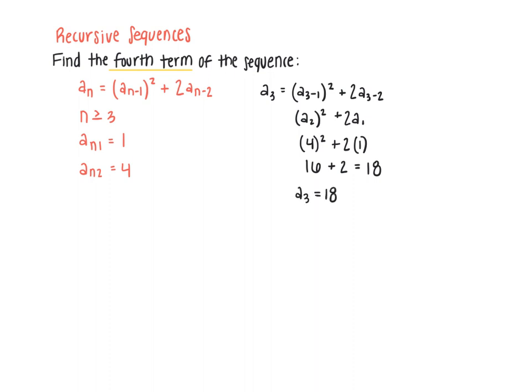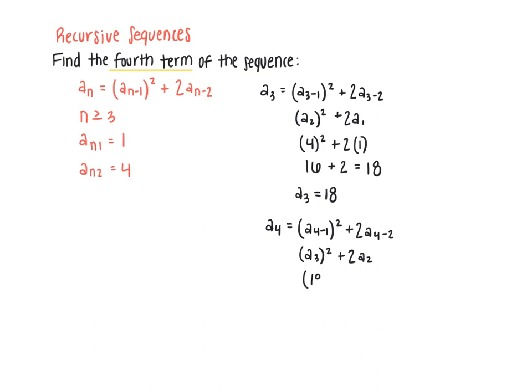So now let's do the work for a to the fourth. A to the fourth is equal to a to the fourth minus 1 squared plus 2 times a to the fourth minus 2. So now this becomes a to the third squared plus 2 times a to the second. And again, we know the value of the third term, we know the value of the second term.